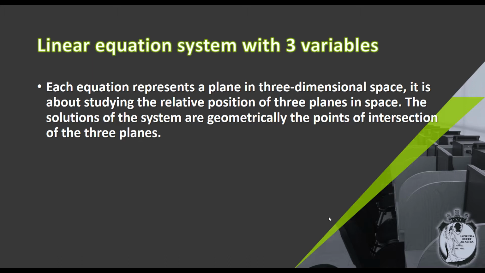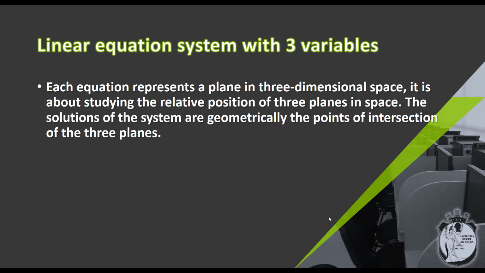Okay, when we are talking about three variables, we need to think in a 3D space, three-dimensional space. It's a little harder than two variables, and it's a little hard to represent a graph or chart of that linear equation system.